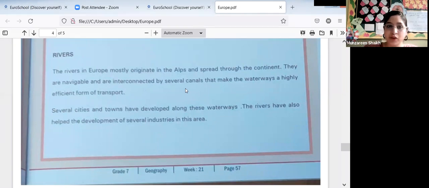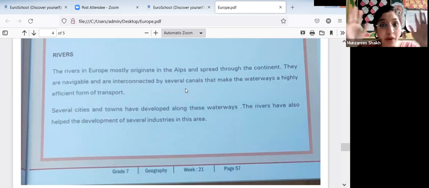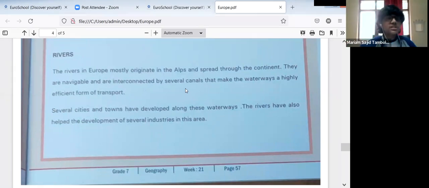So rivers mostly originate in the Alps and spread through the continent. They are navigable and are interconnected by several canals that make the waterways a highly efficient form of transport. You remember while studying the boundaries, we saw that since Europe is connected with waters on all three sides, transportation was easy and it was possible to discover Europe.